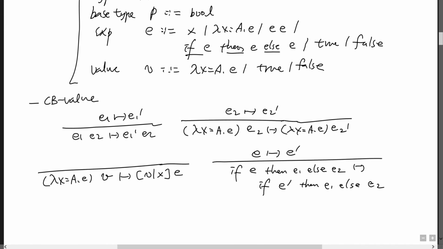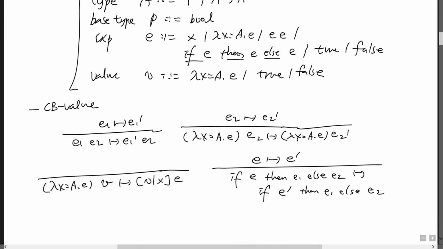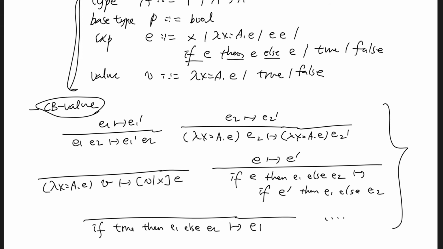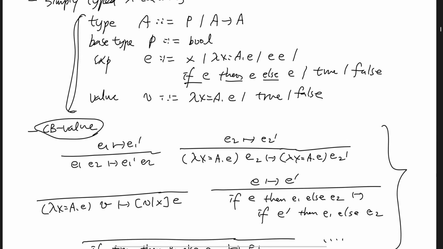And if the whole expression is well typed, so the reduction goes okay, then eventually we will have perhaps if true then e1 else e2, in which case we simply take the first, then, branch. And there's the symmetric case where the conditional expression is false. So these are the reduction rules under the call by value reduction strategy, and these are the syntactic categories constituting the abstract syntax of this simply typed lambda calculus.